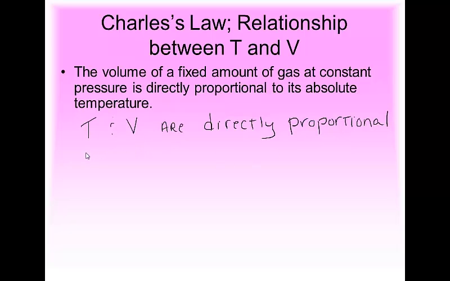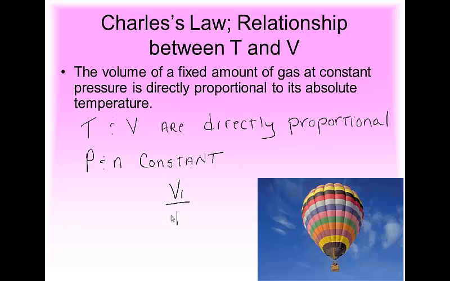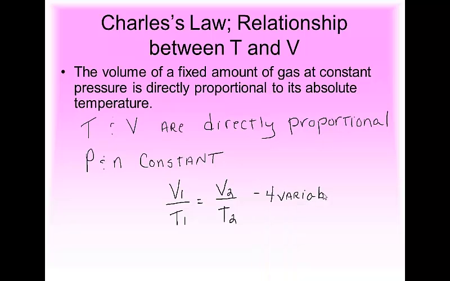He held pressure and the number of moles constant. His calculation for a changing condition, again 4 variables, given 3, you find the 4th. And again, temperature in kelvins, remember that.